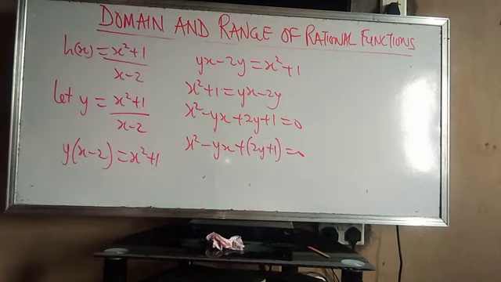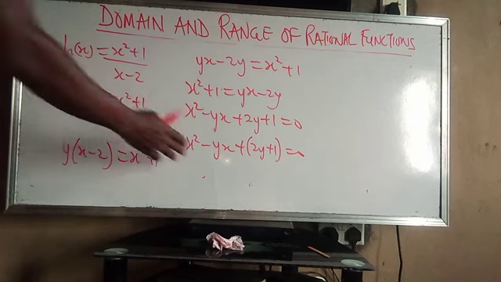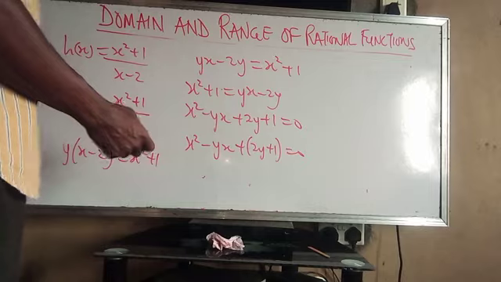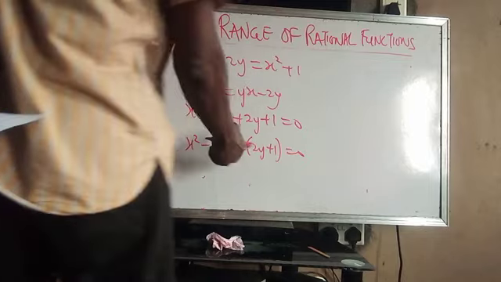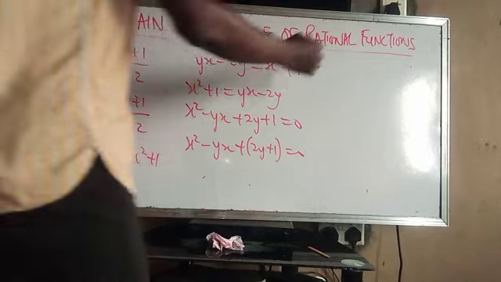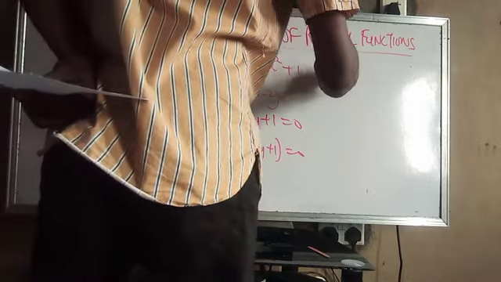So this has given us what we call a quadratic equation, a quadratic equation of variable x. Yes, so we want to find the value of x here, so using the quadratic formula method to find x, okay?